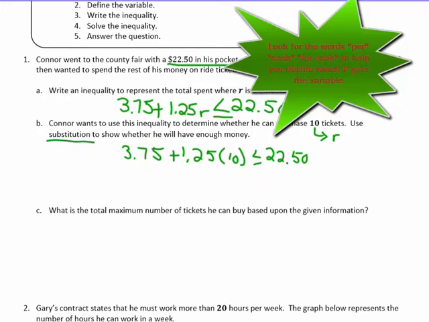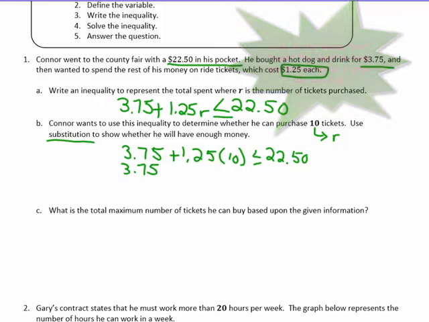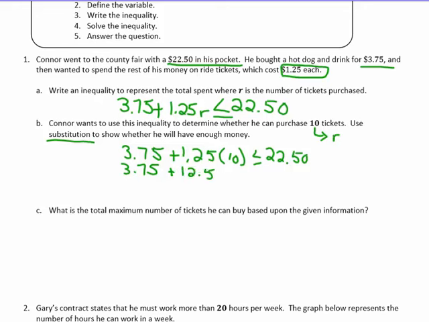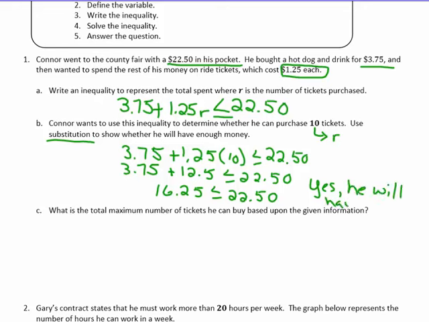So now I'm going to do order of operations. $1.25 times 10 is $12.50. $3.75 and $12.50 is $16.25. So I'm asking, is $16.25 really less than $22.50? Yes, so that means he will have enough money. Yes, he will have enough for 10 tickets.